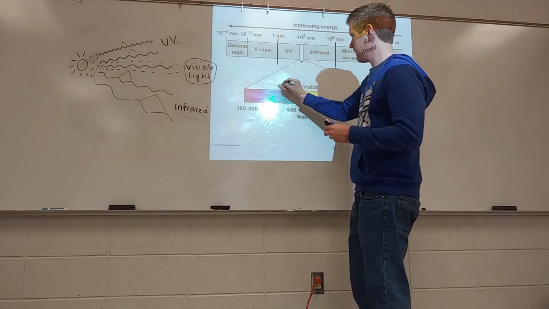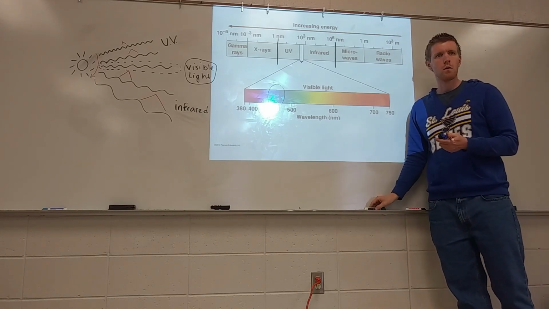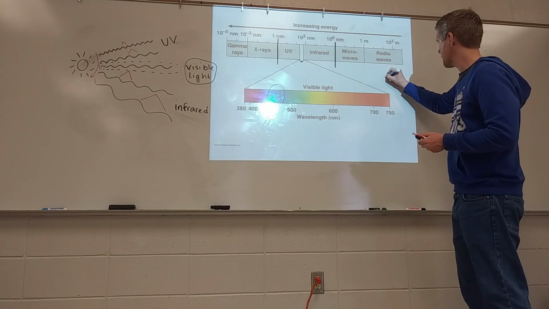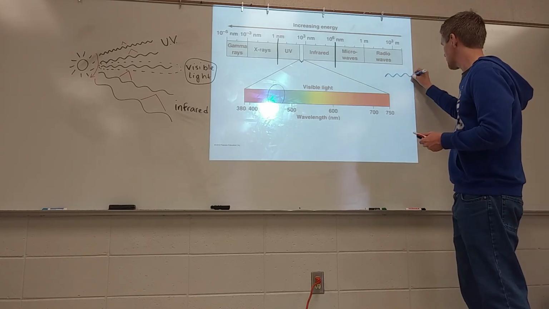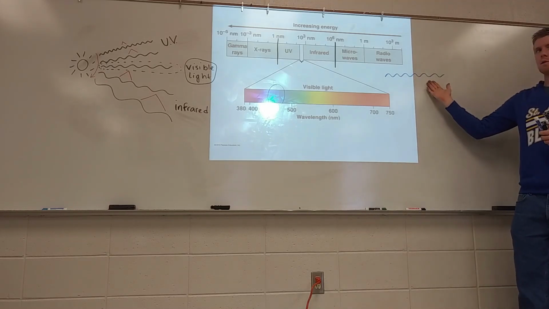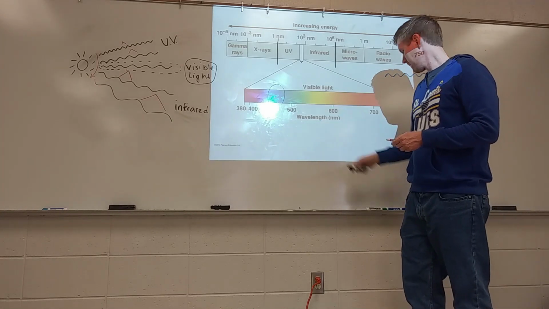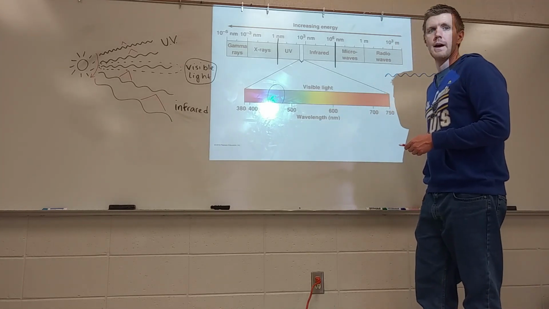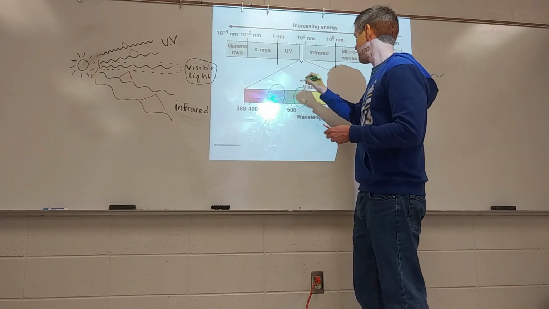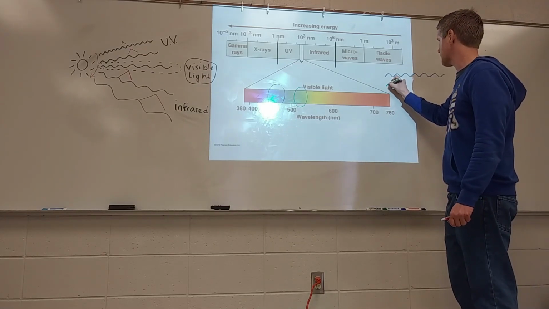Blue light has a wavelength roughly around 450, looks like. So we're going to make blue light look something like this. Green light has a wavelength around 520 or so, greater than blue.